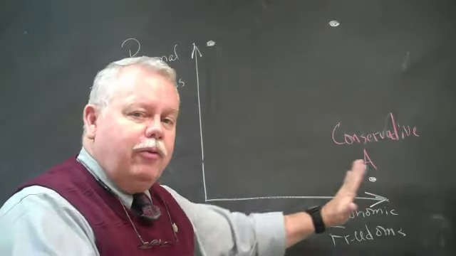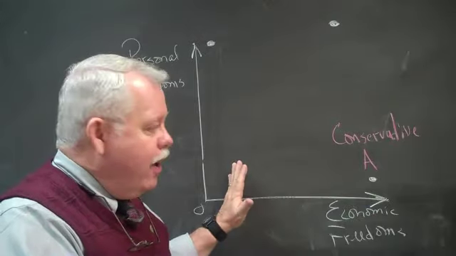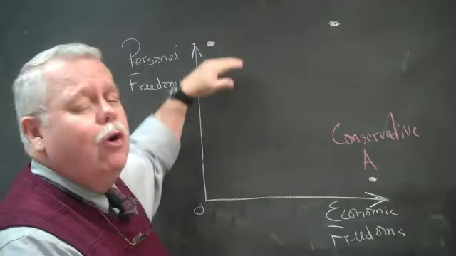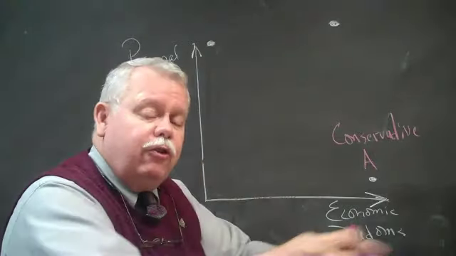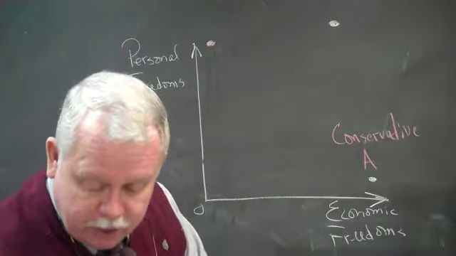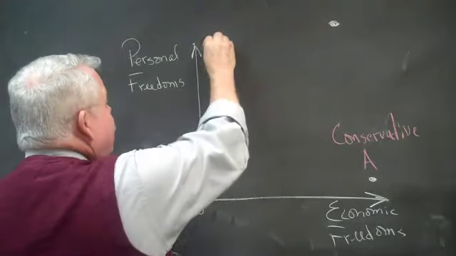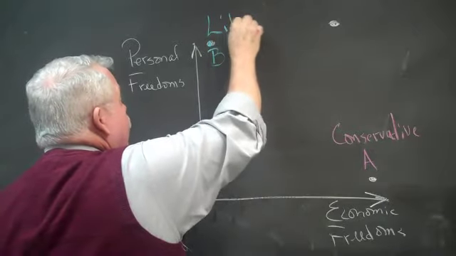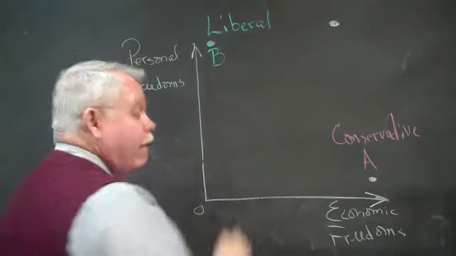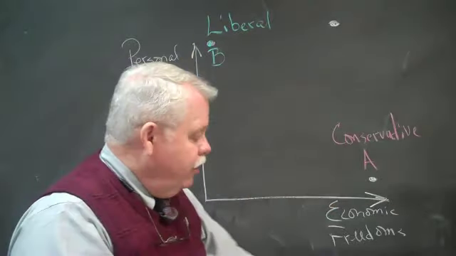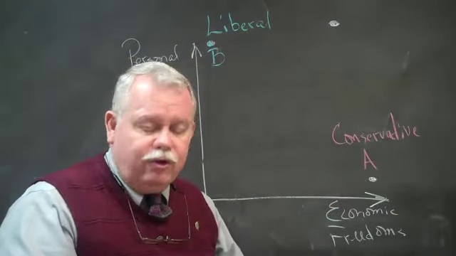When you're willing to accept restrictions on their economic freedoms, but you advocate for maximum possible or more and more individual personal freedoms, that puts you up here at point B, and we would call you a liberal. All right? So there's where we're going to draw the fundamental difference between the two.